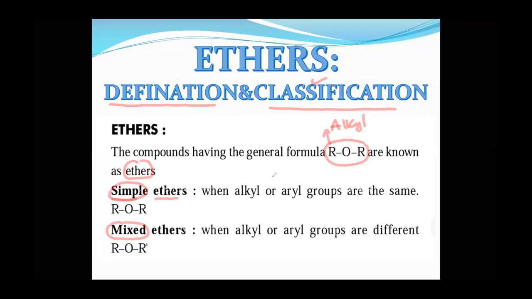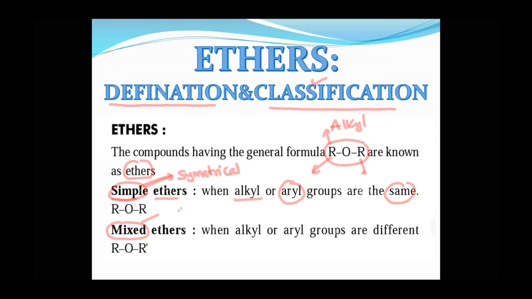If the two groups on the oxygen are the same, then it is called a simple ether. Sometimes it is also called a symmetrical ether. Aryl means benzene and its derivatives, and hydrocarbons are called alkyl.